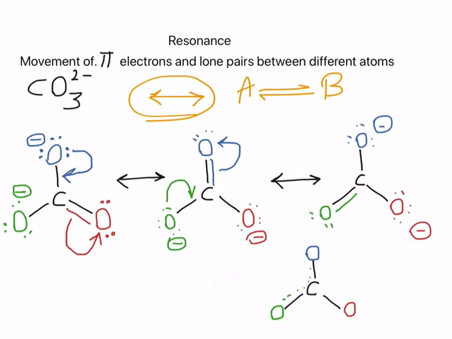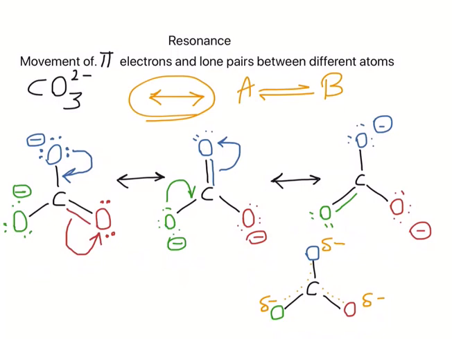So we have the carbon bonded to 3 oxygens, and the pi bond and the lone pairs are distributed between the carbon and all of these 3 oxygens. And there is a partial negative charge on all 3 oxygens.